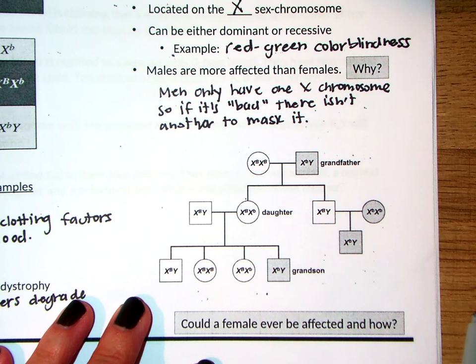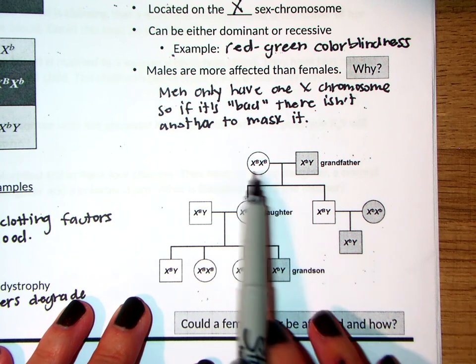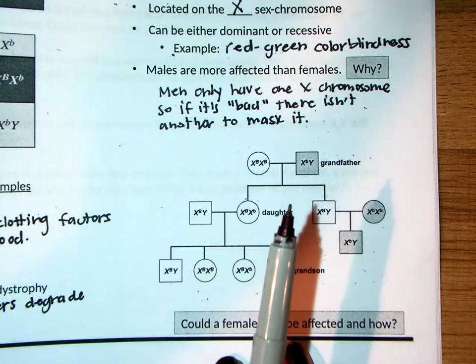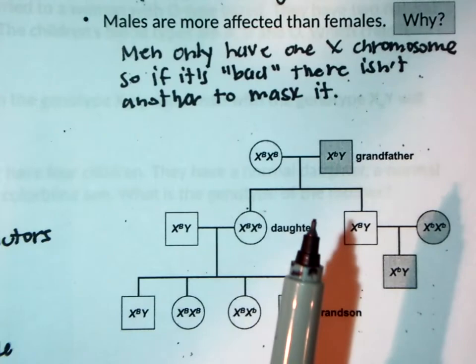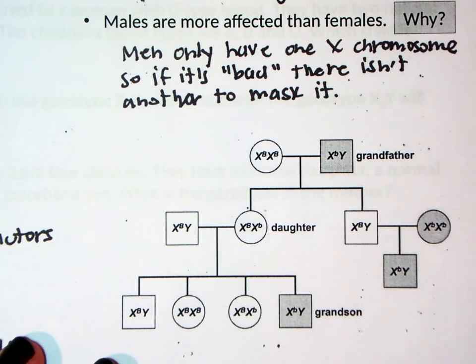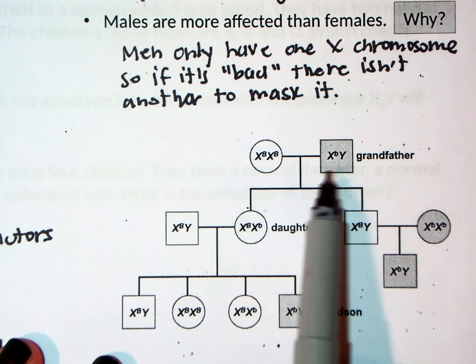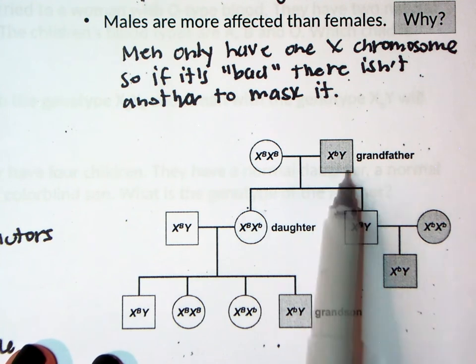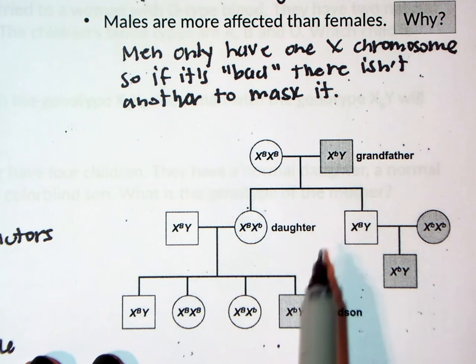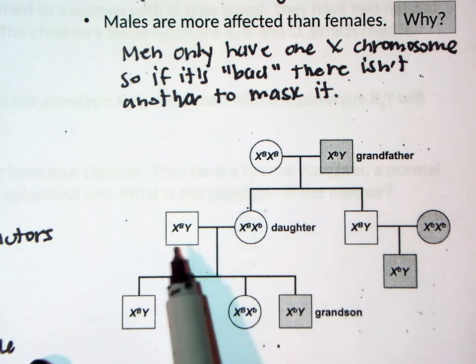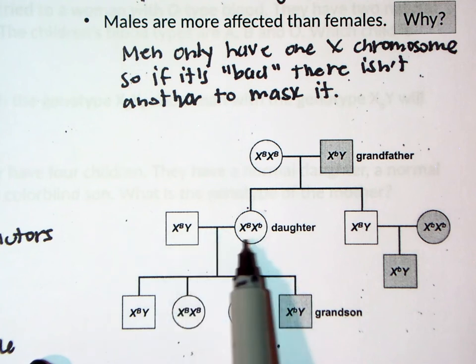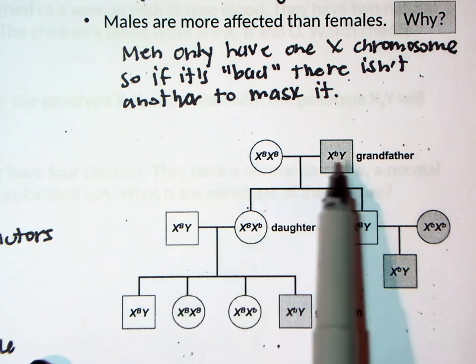So let's say you have a mom who is X big B, X big B, so she's not a carrier, but she's married to, I'm going to just use color blindness again as an example, a colorblind man. He's X little b, Y. All of their offspring are going to inherit this affected X chromosome from their dad.